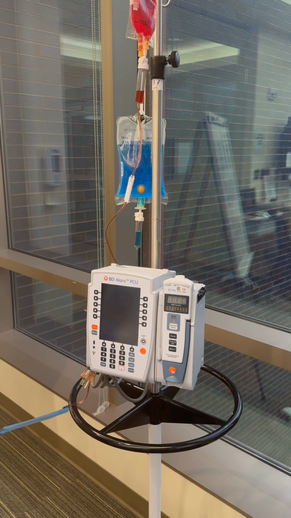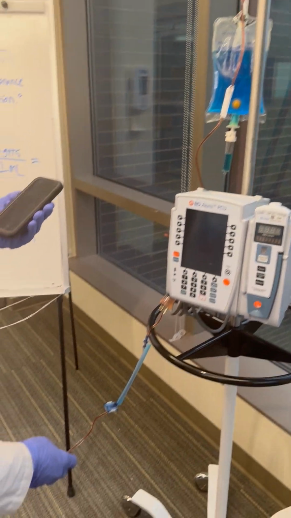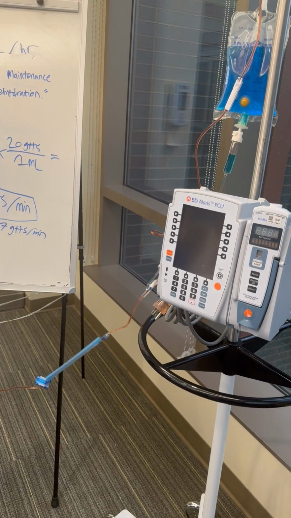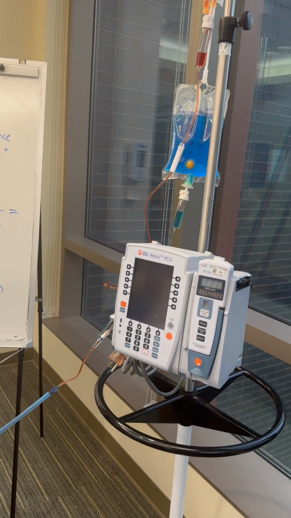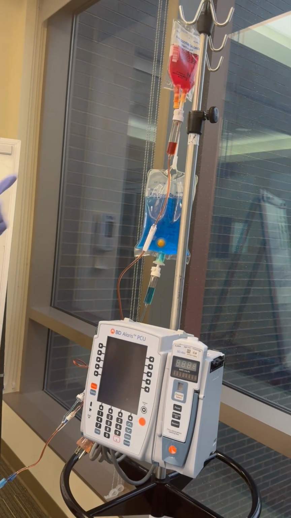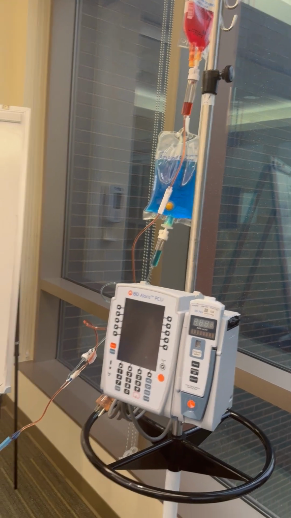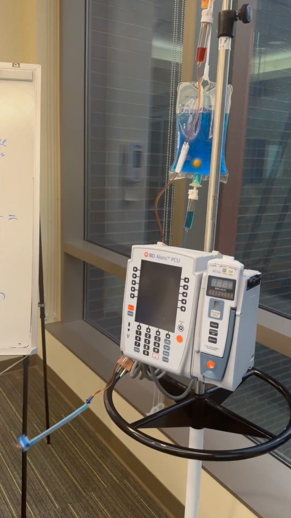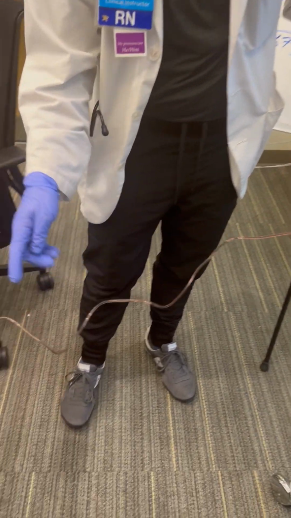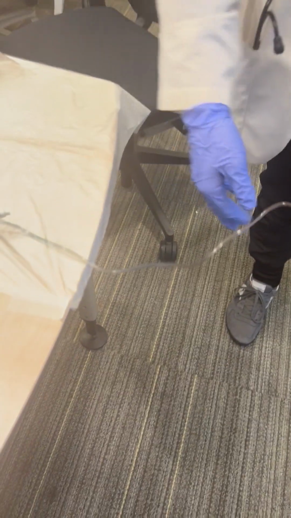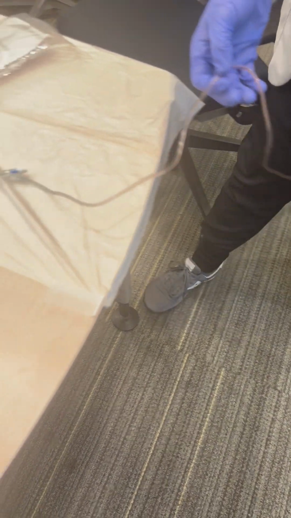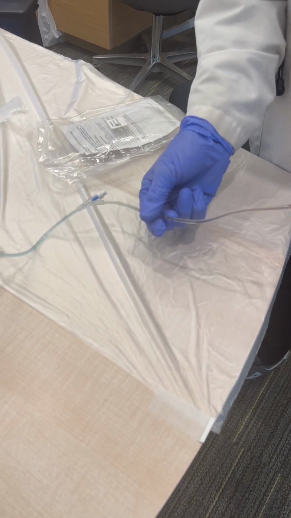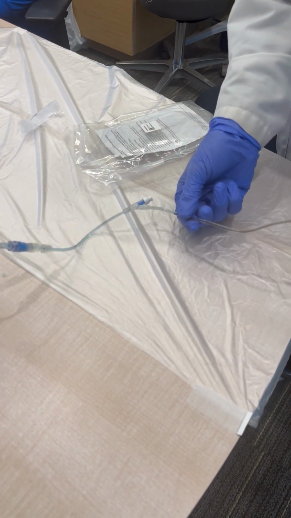Right about there. Yeah, that would be 67 drips per minute. So that would be our secondary rate, which is 67 drips per minute. We'll go ahead and let that run. As you can see, it's now primed into the line. The normal saline is almost out. So yeah, it hasn't actually reached Gabby yet, as we can visualize. But for the sake of the video, let's just say it has.